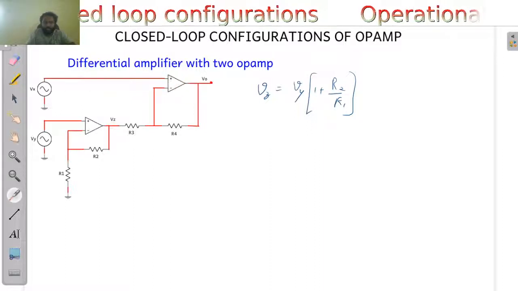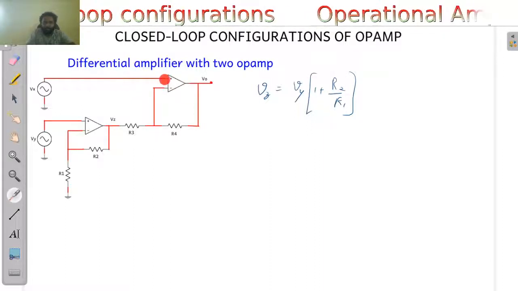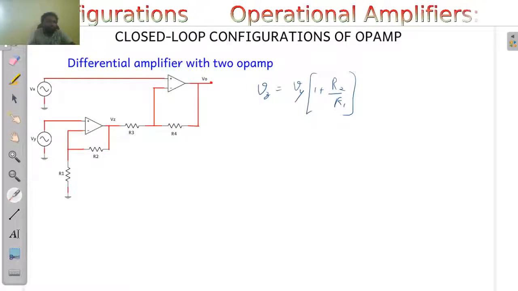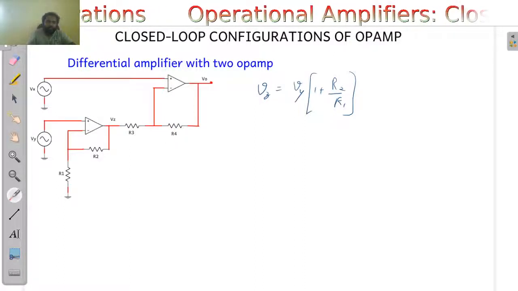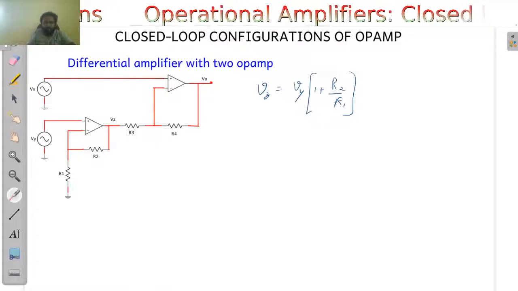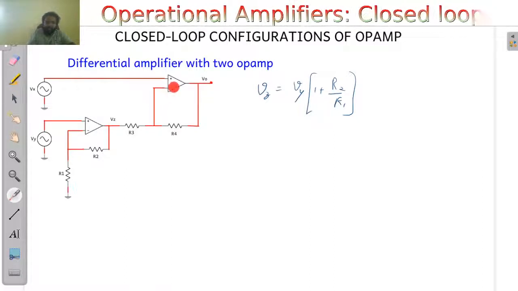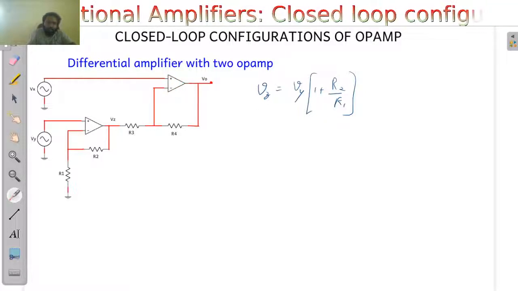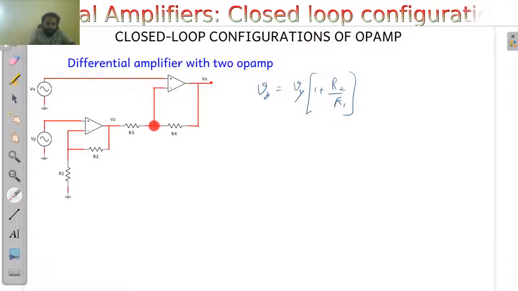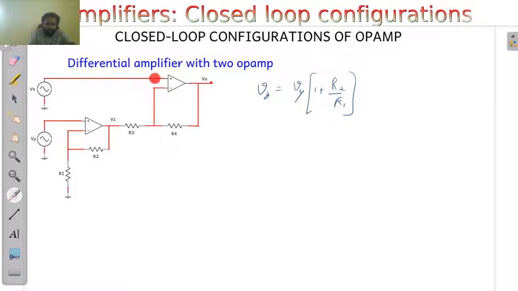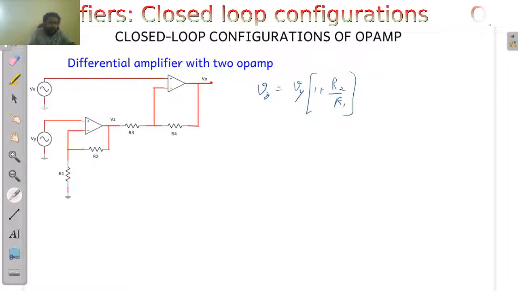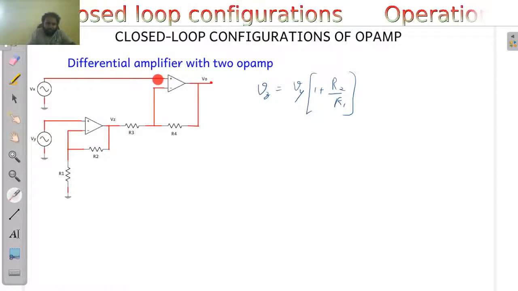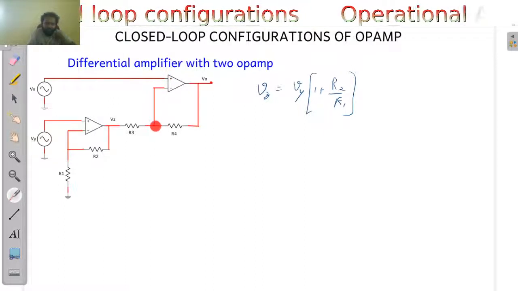In the second case we are providing Vx to the non-inverting terminal, and R4 is the feedback resistance connected to the inverting terminal of the operational amplifier, which means there is a virtual short between this point and the non-inverting terminal. Whatever voltage you feed at the non-inverting terminal reflects at this point also.